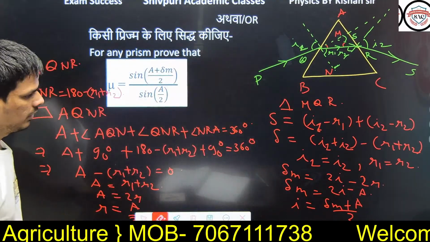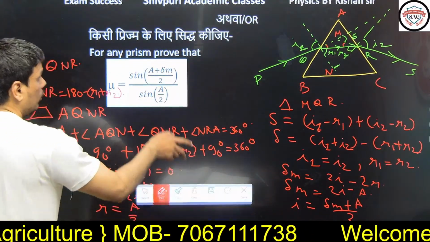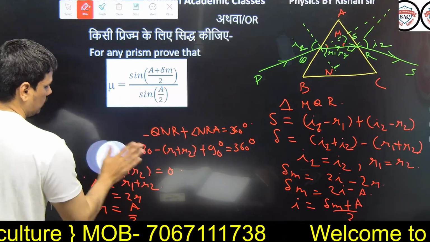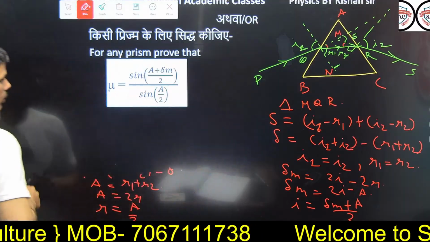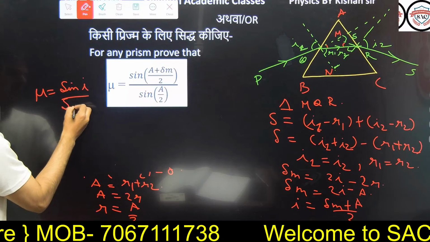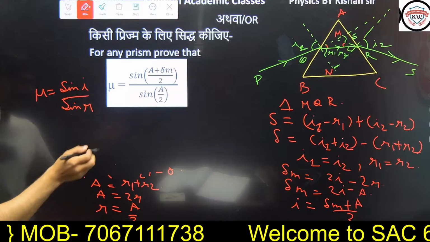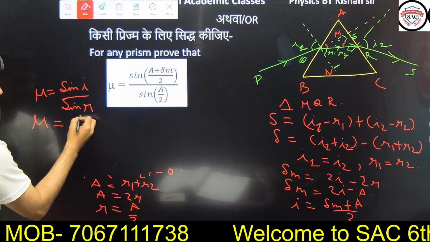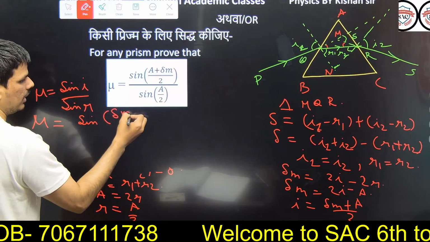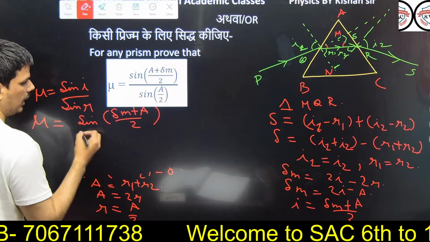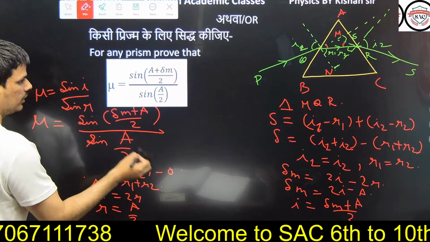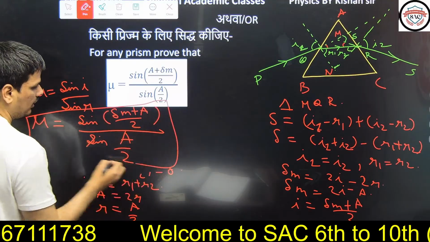So this is our value of i and this is our value of r. By Snell's law, we get mu equals sine i upon sine r. For the minimum deviation, mu equals sine of (delta m plus A) by 2 upon sine of A by 2. So this is the expression we needed to prove, and this is done.